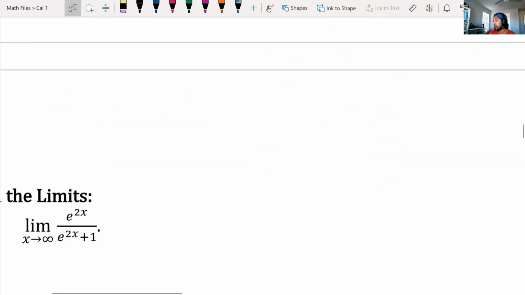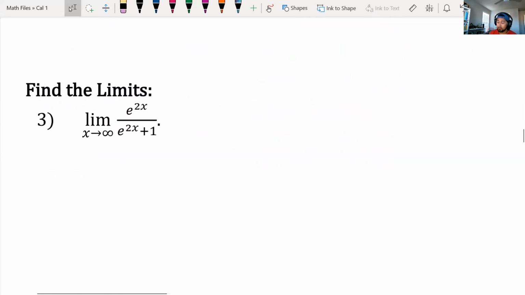Okay. So using our limit laws again, let's go ahead and try these ones out. This says the limit as x approaches infinity of e to the 2x over e to the 2x plus 1. Well, since we dealt with infinite limits in the last section, we get to use the same tricks on this section.